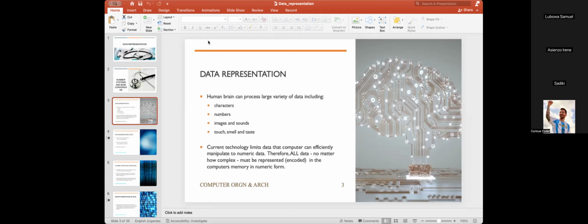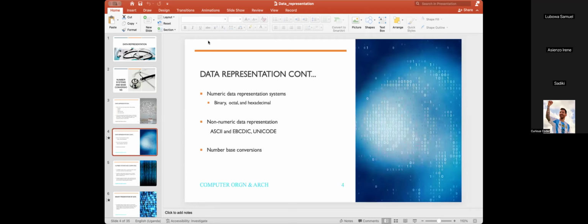Computers are in a position to convert and interpret it. So data can be represented in various ways, one of them, and the most popular, being the numeric format, which comes in three forms: binary, octal, and hexadecimal.